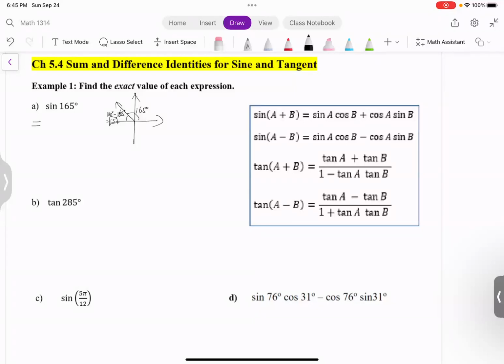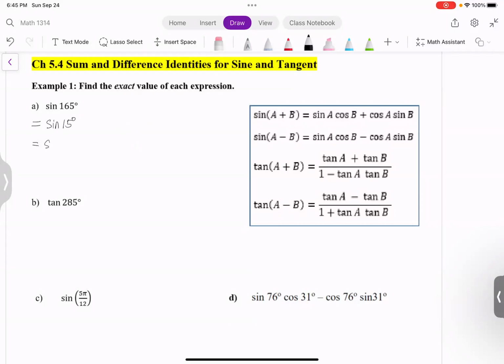So sine 165 equals sine 15 degrees. So let's convert it to a small, acute angle we have learned. Okay, how to find sine 15 degrees?